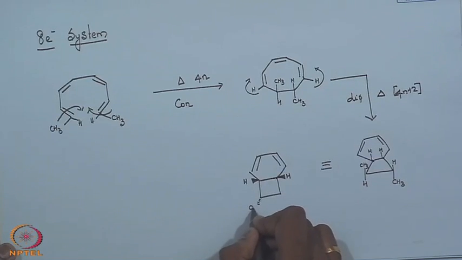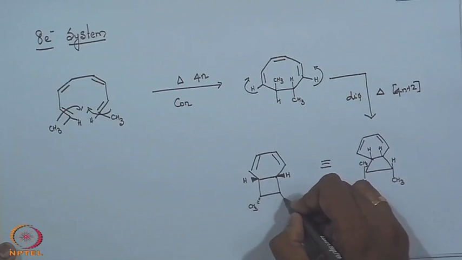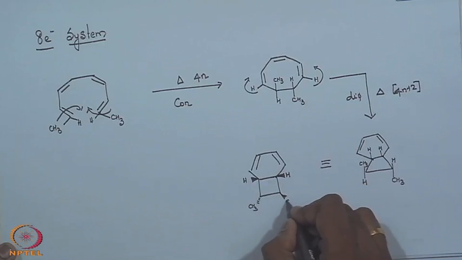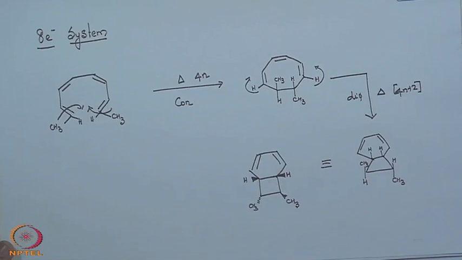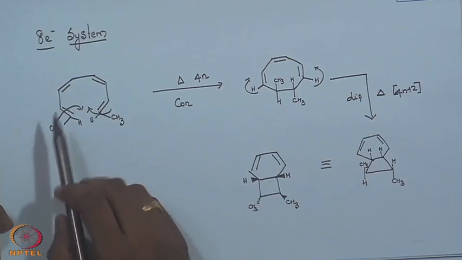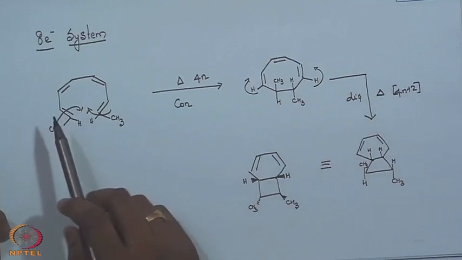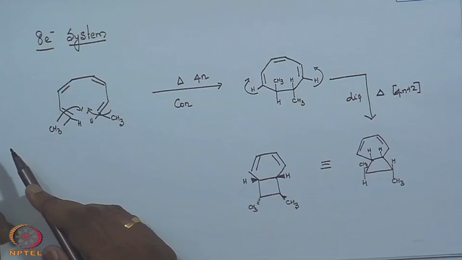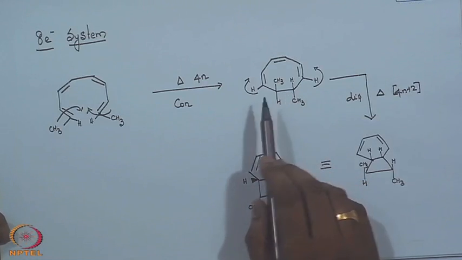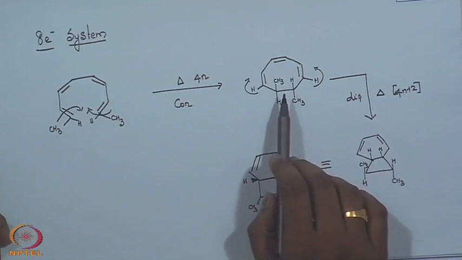So, see, nice, right. See, that's the important point, because whenever you do a type of electrocyclic reaction, you also see the product, because most of the time products can undergo another type of electrocyclic reaction.